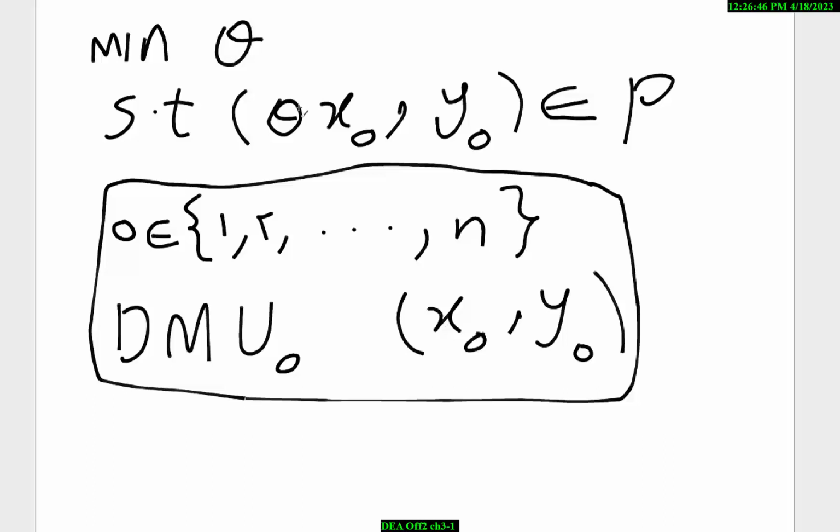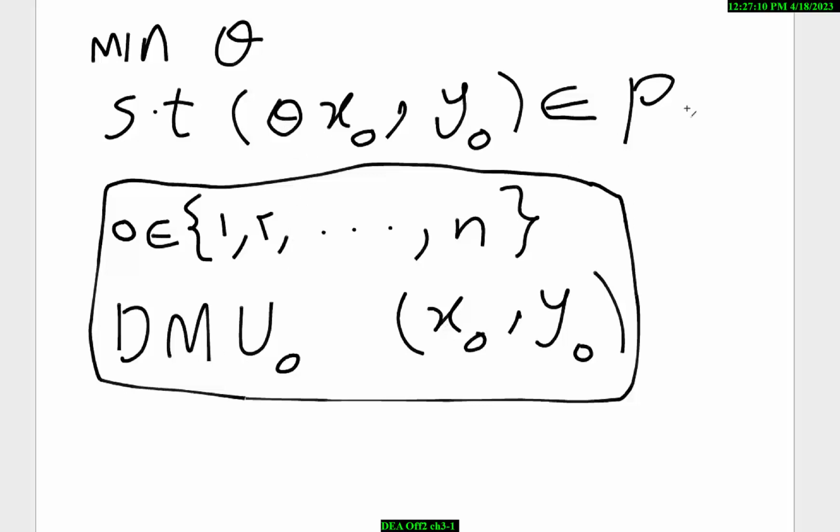When you minimize theta, where theta xo and yo belongs to P, you want to know if you can produce yo with the smallest input ratios.